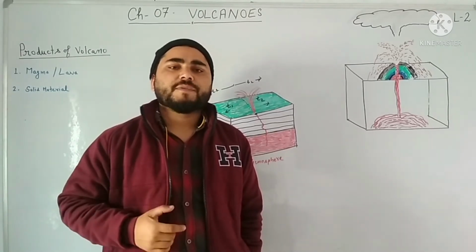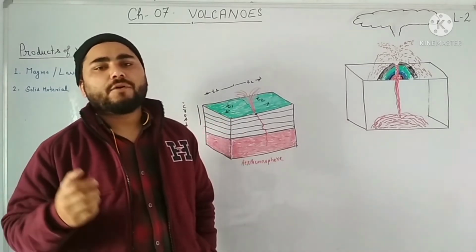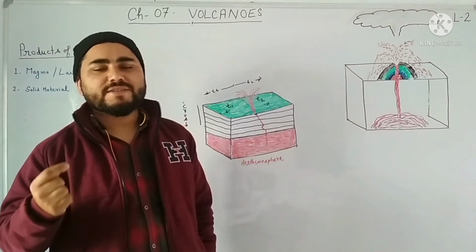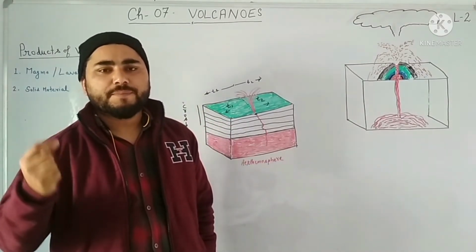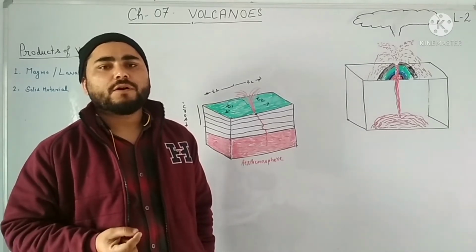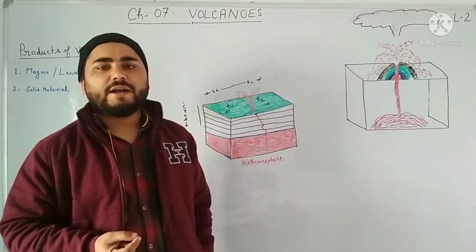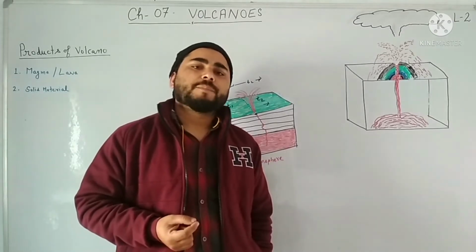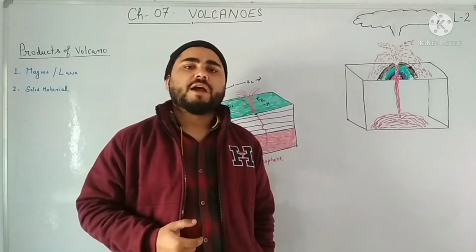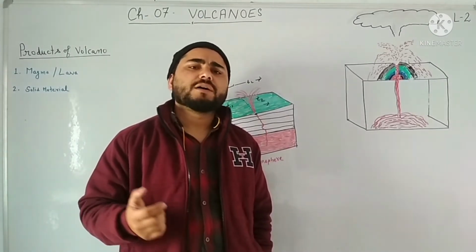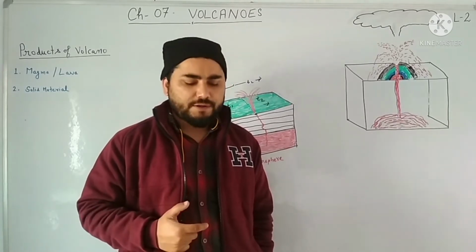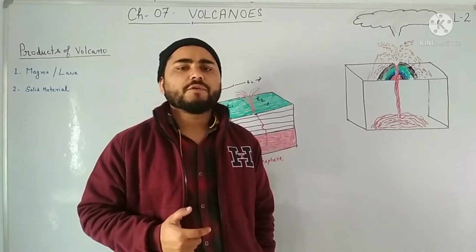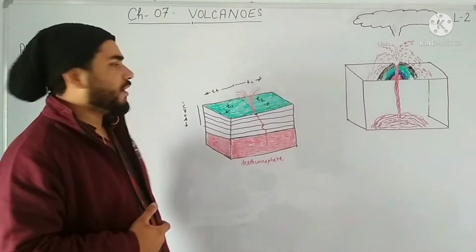And then we will study what is vent, what is crater, what is pipe or conduit, what is magma chamber, and what are the parasitic cones. All these things we will study when we study the structure of volcano. So let us begin our chapter.